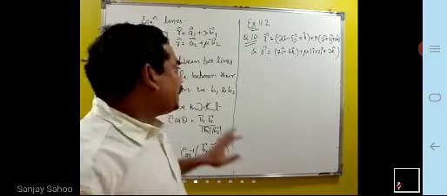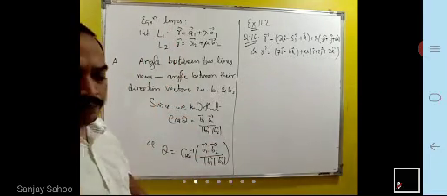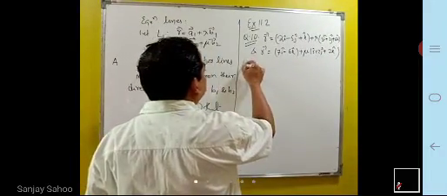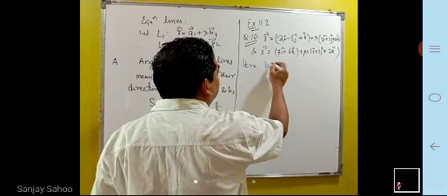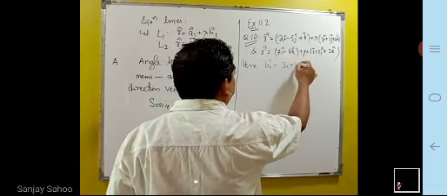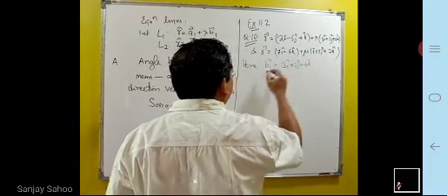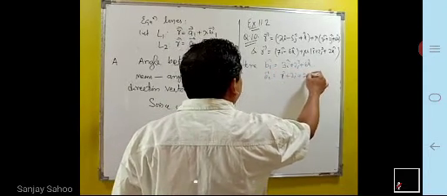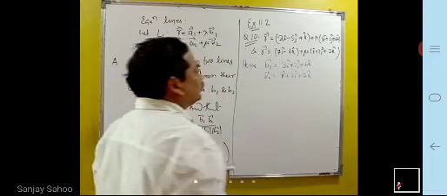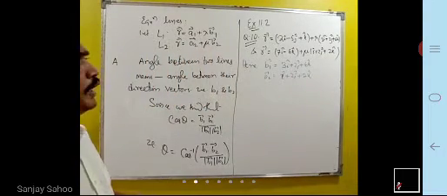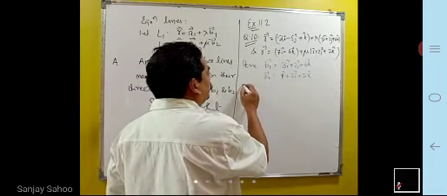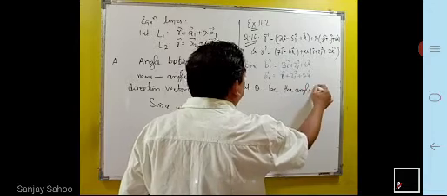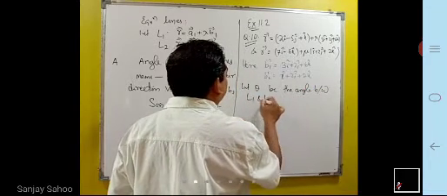Now at first we require to find the V1 and V2 vectors. What are B1 and B2 here? B1 vector is 3i + 2j + 6k. B2 vector is i + 2j + 2k. Now you need to find the angle between them. So let theta be the angle between L1 and L2.